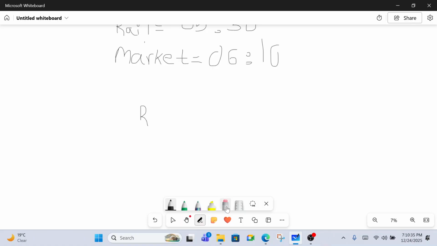Wait, market minus rail, since market is the much bigger one.